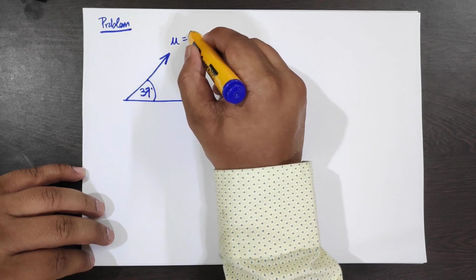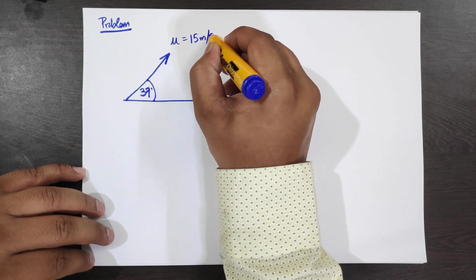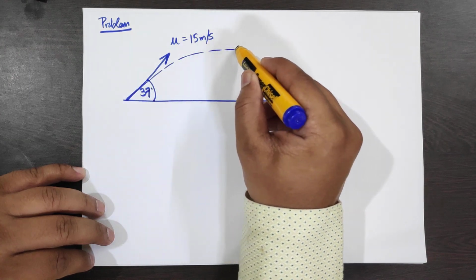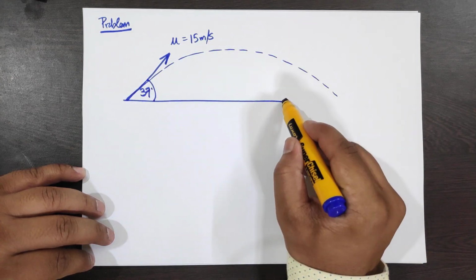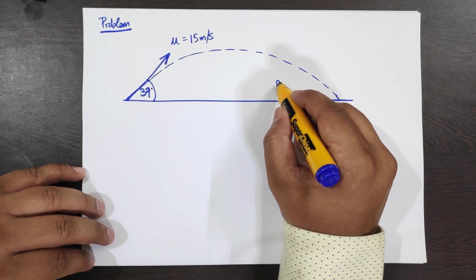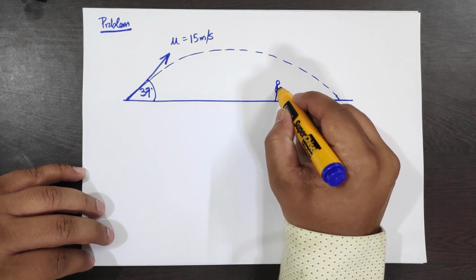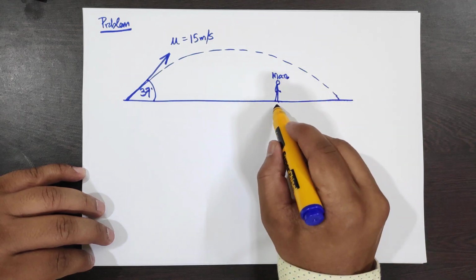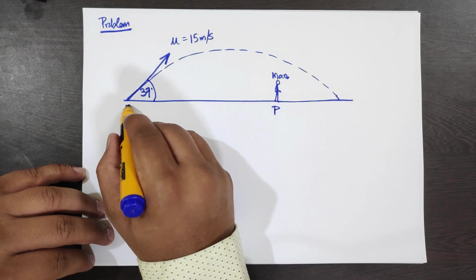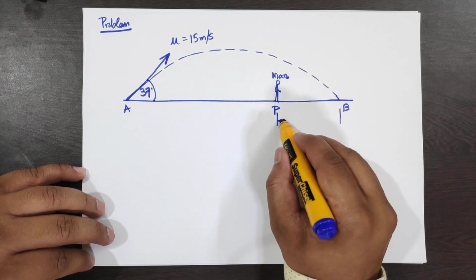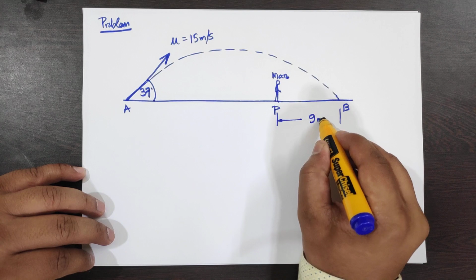See, u equals 15 meter per second, this angle is 37 degrees. This is the path of the projectile. This is point A, this is point B, and this distance is given as 9 meters.